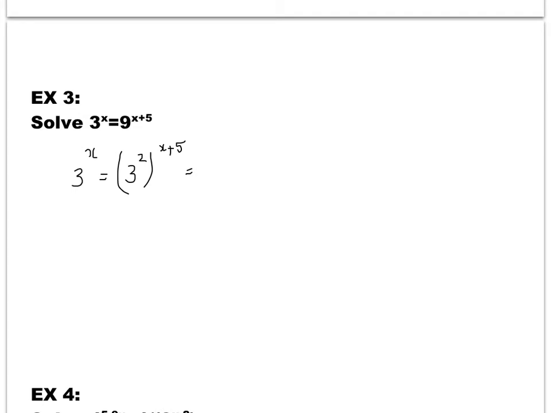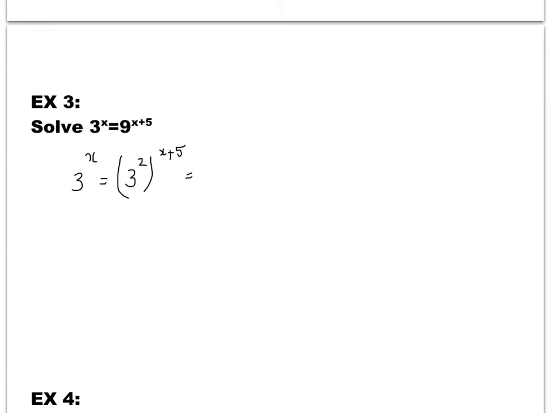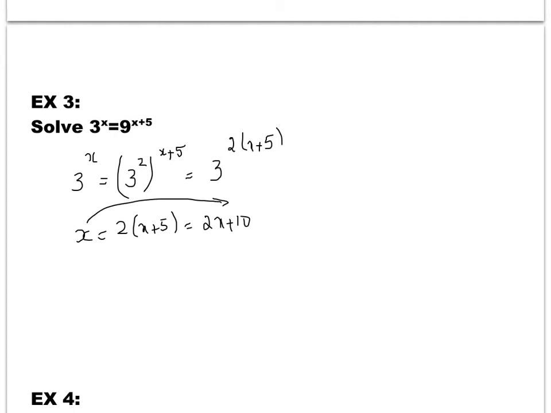Now distribute x plus 5 into the bracket, I get 3 exponent 2 times x plus 5. Now the bases are the same, so the exponents have to be the same. So x has to be equal to 2 times x plus 5, which is going to be 2x plus 10. I move x to the right and 10 to the left. From here I get 2x minus x is x equal to negative 10.